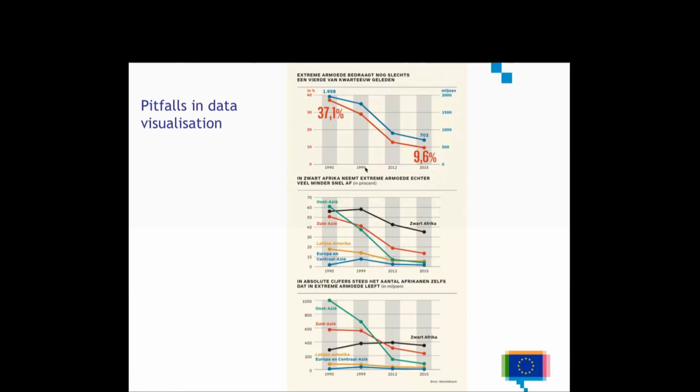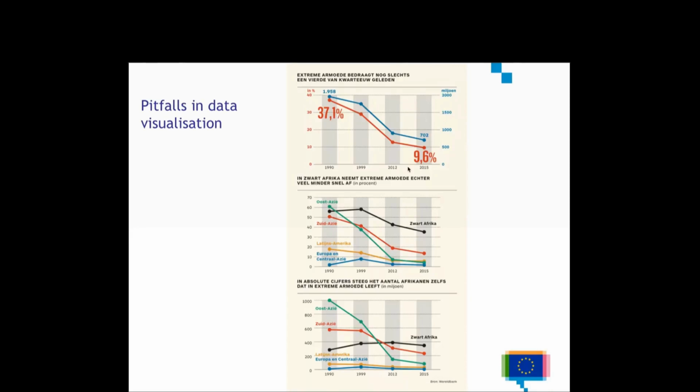So you have a period of 9 years between the first and the second data point. Then you have 13 years between the second and the third, and then only 3 years for the last interval, which means that the intervals between the data points are not regular, but they are visualized as if they were.